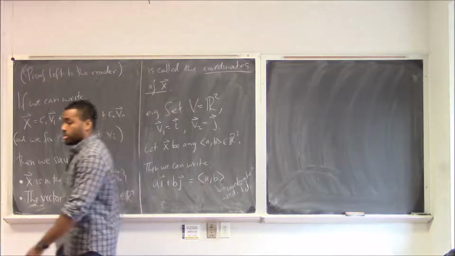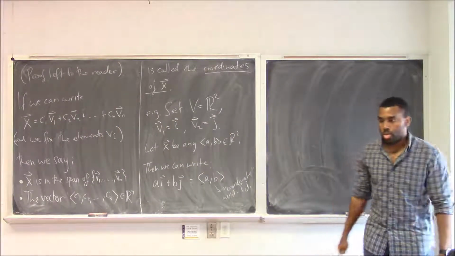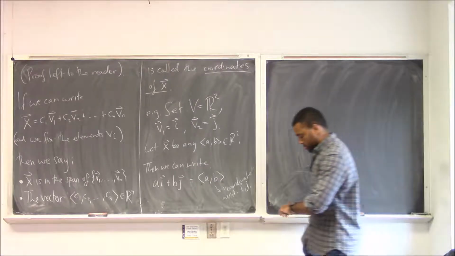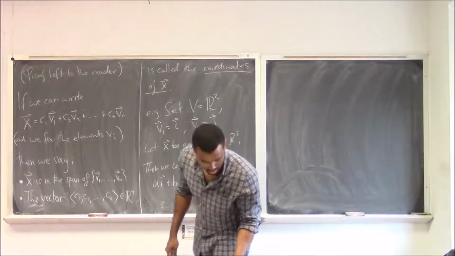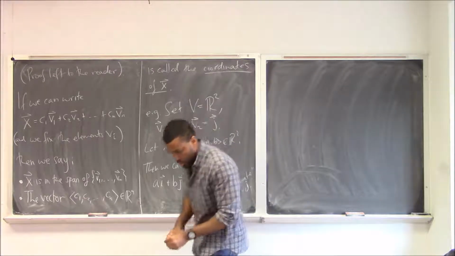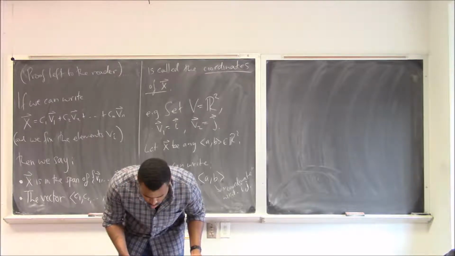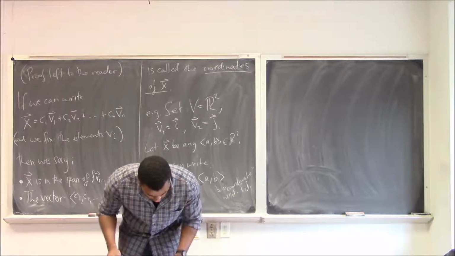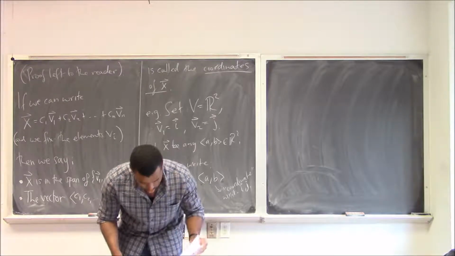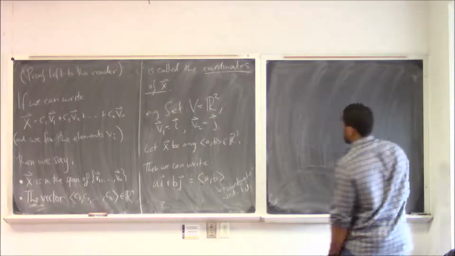I will give you another set of coordinates that can do the same thing that i and j will do, and it will give you coordinates that look different. So, here it comes. Kind of jumping ahead, but I feel like it's nice to do it here.